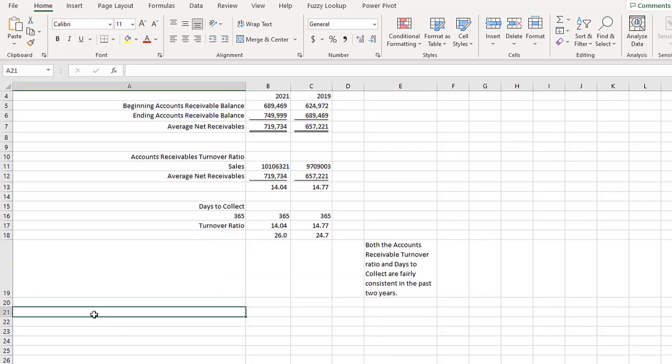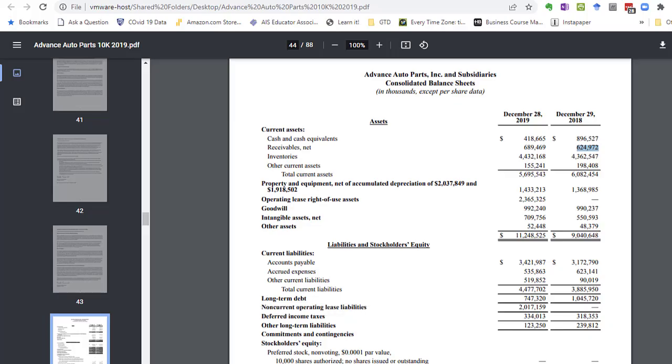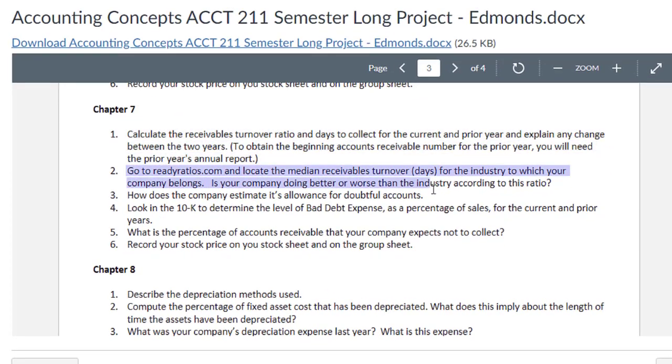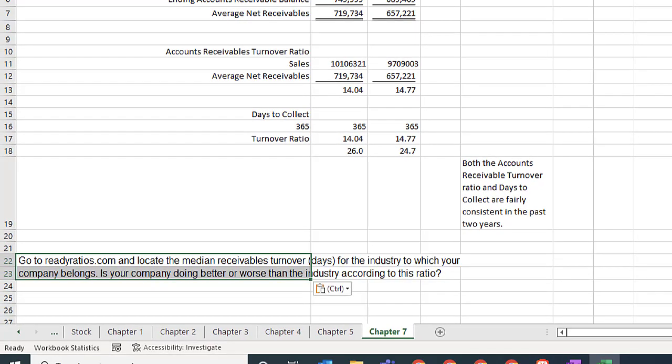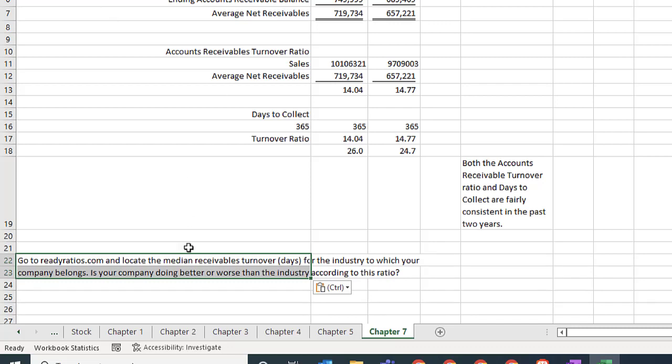So let's go down a couple of lines and let's see what the second question is. Go back to my assignment. All right, I'm going to copy this. I just want to get this second one. Okay, again, I copied on 2 lines.